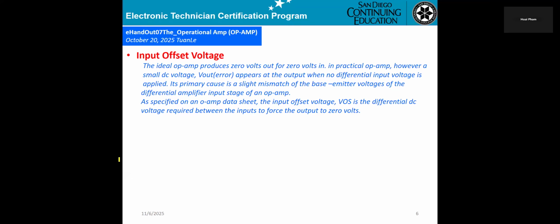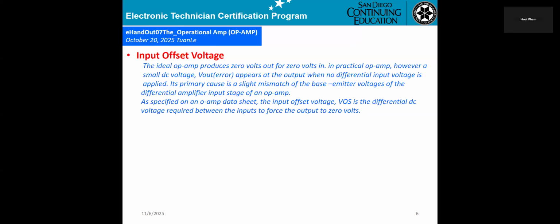Its primary cause is slight mismatch of the base emitter voltage of the differential amplifier. Okay, as specified on an op amp data sheet, the input offset voltage VOS is a differential DC voltage required between the inputs to force the output to be 0.